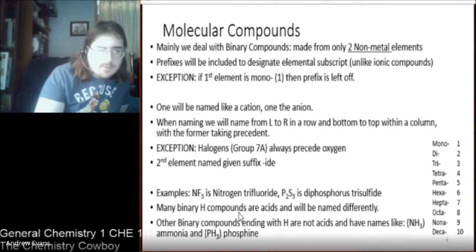Now, we're going to have occasionally some H, which is considered a non-metal. But when we deal with H, we're going to make acids, and those guys are going to be named differently. So we're going to cover them later. But there are some compounds with H that aren't an acid, like NH3, which is ammonia, and PH3 or phosphine.